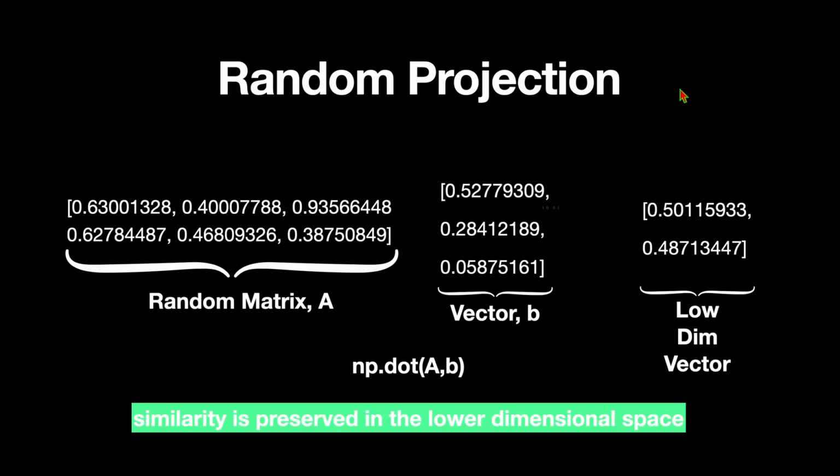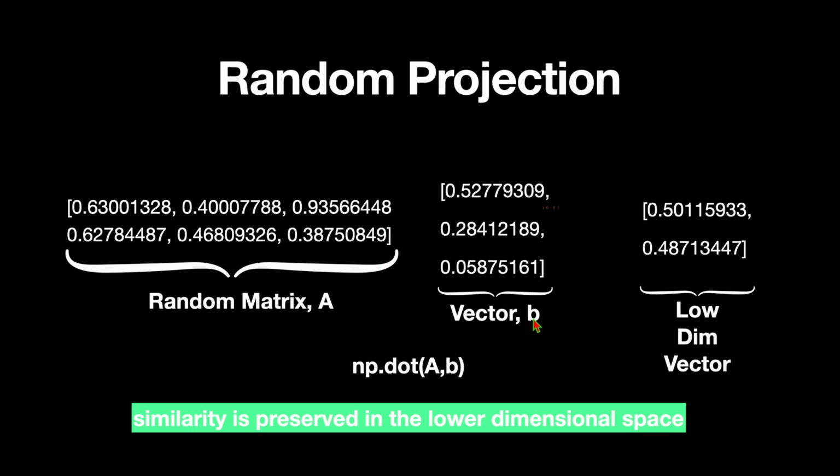So next comes random projection. Random projection is about reducing the dimensionality of the input vectors to reduce the computation. For example, we can take a random matrix A of some fixed dimension that can be multiplied with the vector that we have.